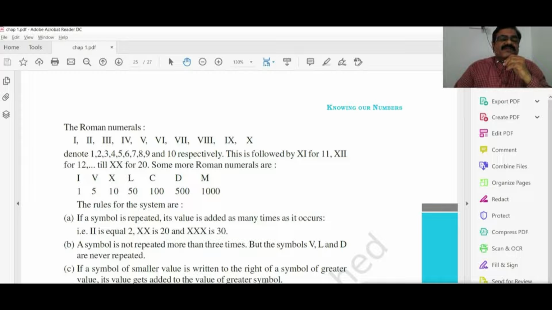You can see that 1, 2, 3, 4, 5, 6, 7, 8, 9, 10 have already been written.